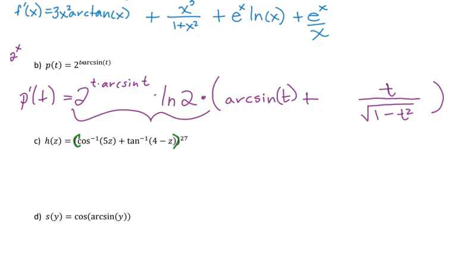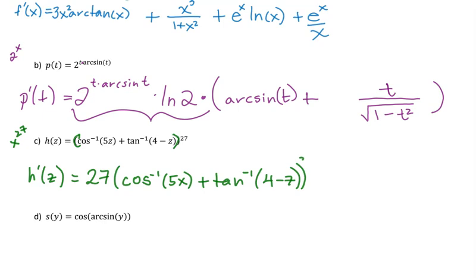So we're going to say our outer function is x to the 27, which means our first shortcut is a power rule. 27 times all the stuff in parentheses raised to the 26th. And then I've dealt with the 27, so I can ignore that now, but I need to chain out the derivative of the inner function.